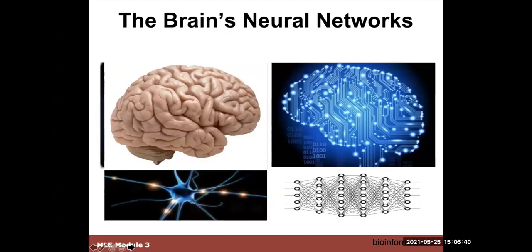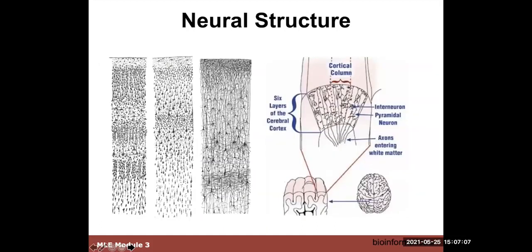So on the left side, we're showing a real brain with the typical neurons and electrical signals being sent out from the neuron down the axons. On the right is the synthetic brain, where we've got neural connections, and below is this synthetic model of nodes and edges to mimic neurons and axons.